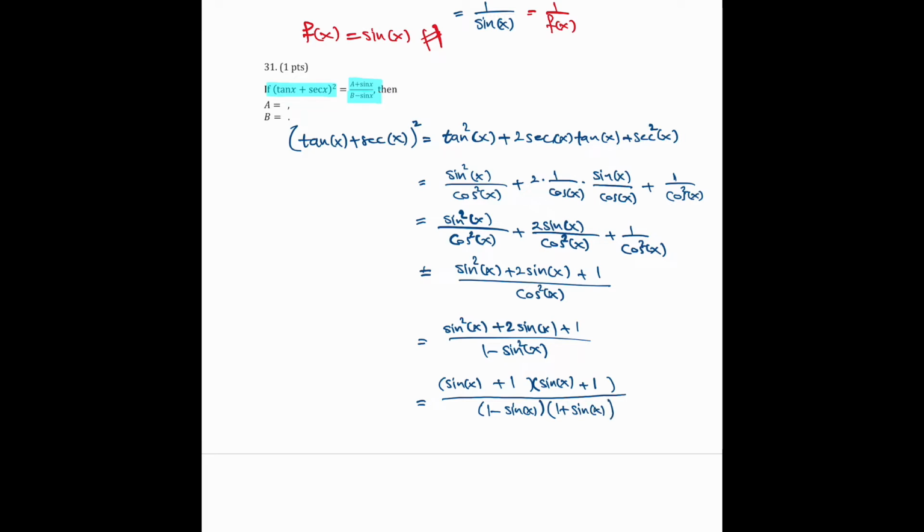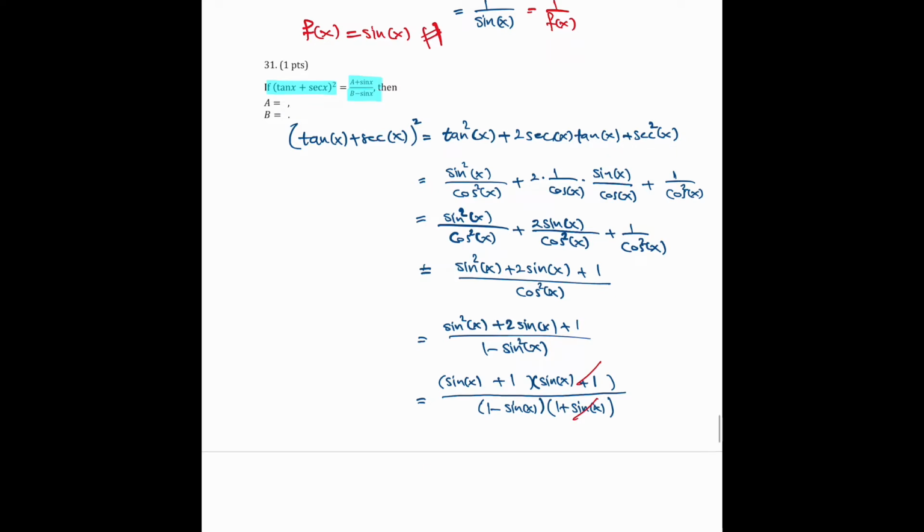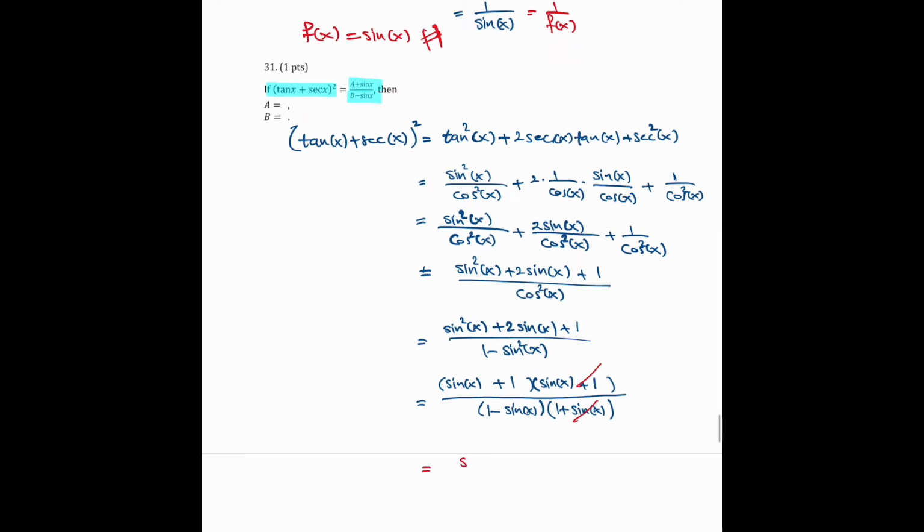Now, we notice how one of these is going to cancel. So the final answer will be sine x plus 1, or I can just write it backwards, 1 plus sine x, just to match, over 1 minus sine x.